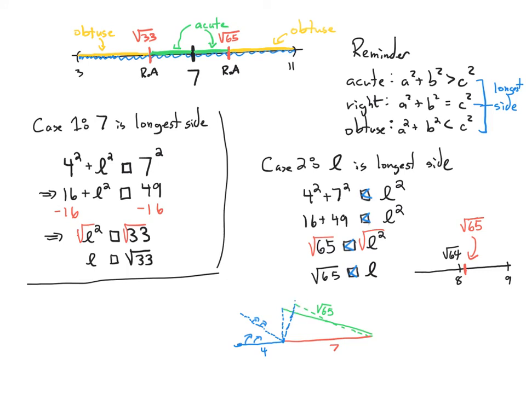Look what happens when I move it just even a bit more, say somewhere around there. Then if I join up these here, I have a right angle triangle with the blue and the green side as the two legs of my right triangle. And that's a situation here where we have square root 33.